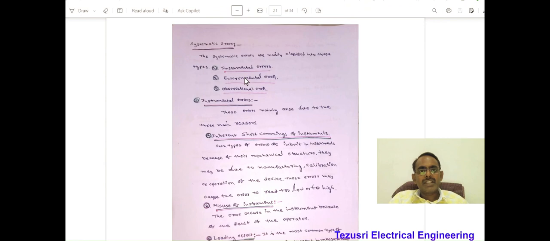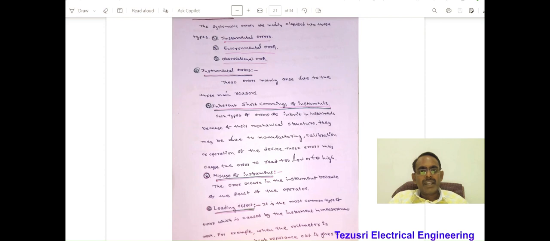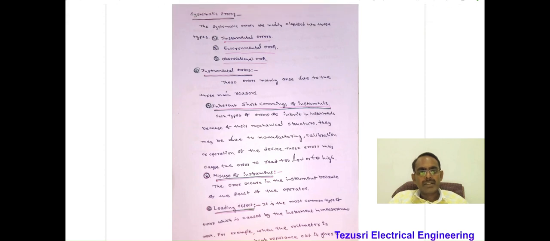Systematic error. Systematic errors are mainly classified into three types: instrumental errors, environmental errors, observational errors. Instrumentation errors are due to three main reasons. Number one, inherent shortcomings of instruments.